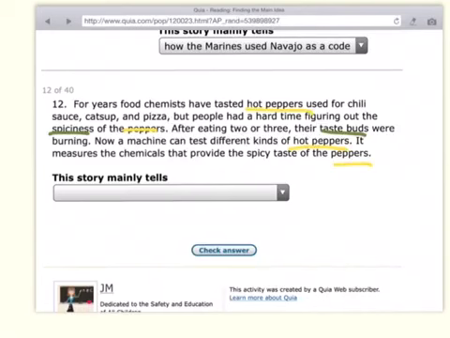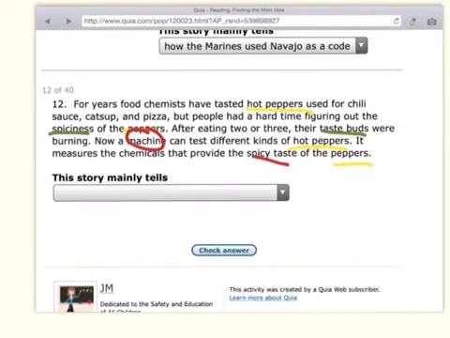But if you also look at the topic sentence, that chemists have used peppers for a long time, but people didn't like the spiciness. And at the very last sentence, it says it measures the chemicals. There's a machine that measures the chemicals to see how spicy it is.